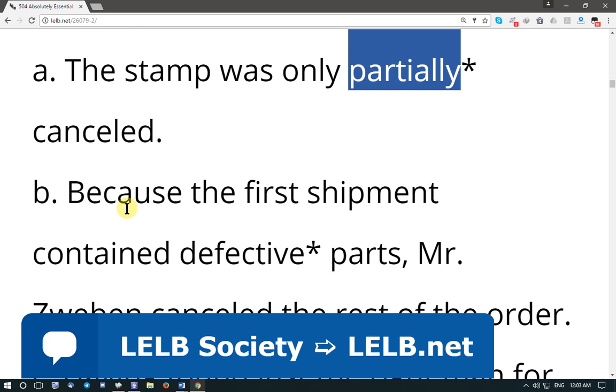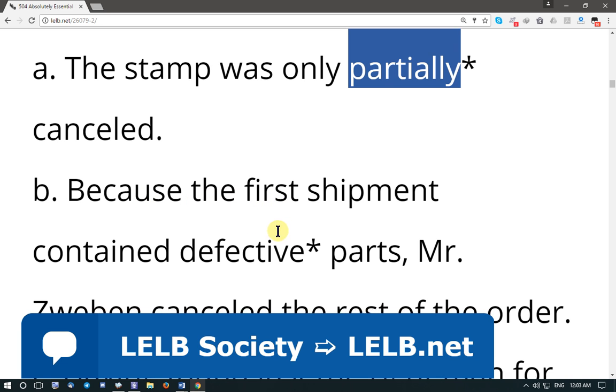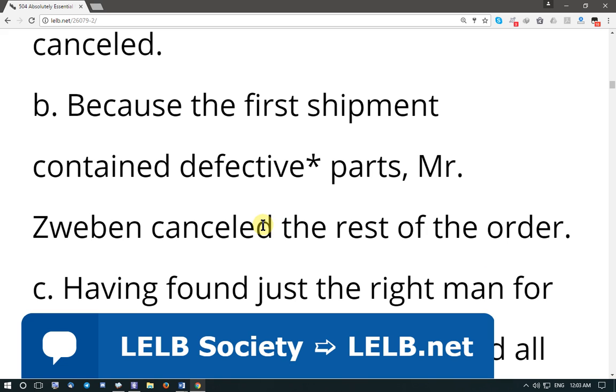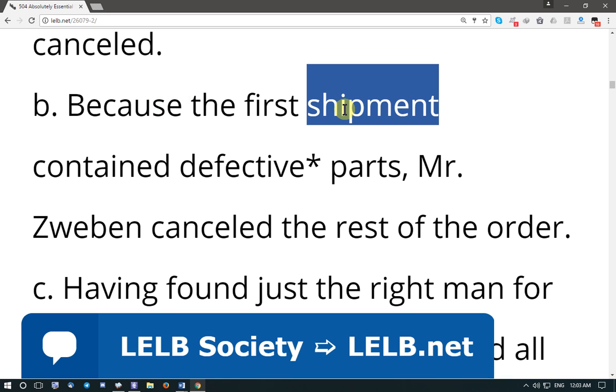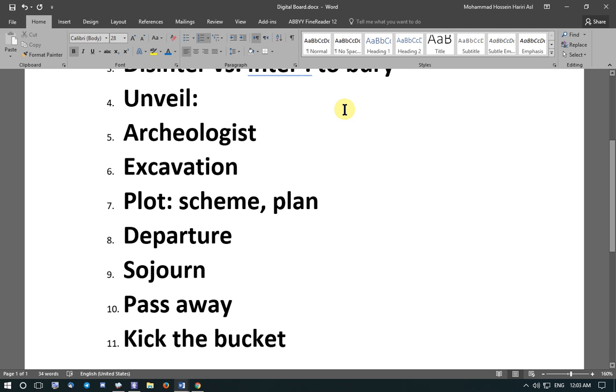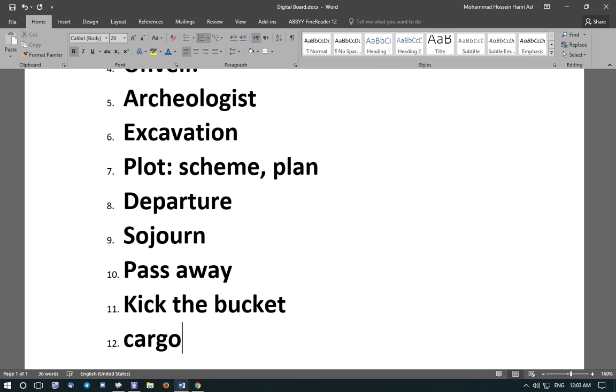Sentence B. Because the first shipment contained defective parts, Mr. Zubin cancelled the rest of the order. So there is a cause and effect relationship here. First of all, the first shipment means cargo, freight, delivery, or even a parcel.